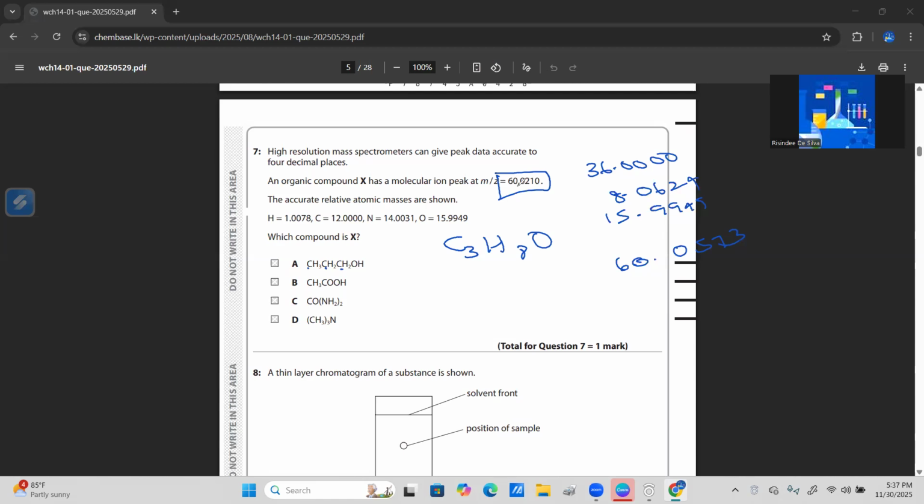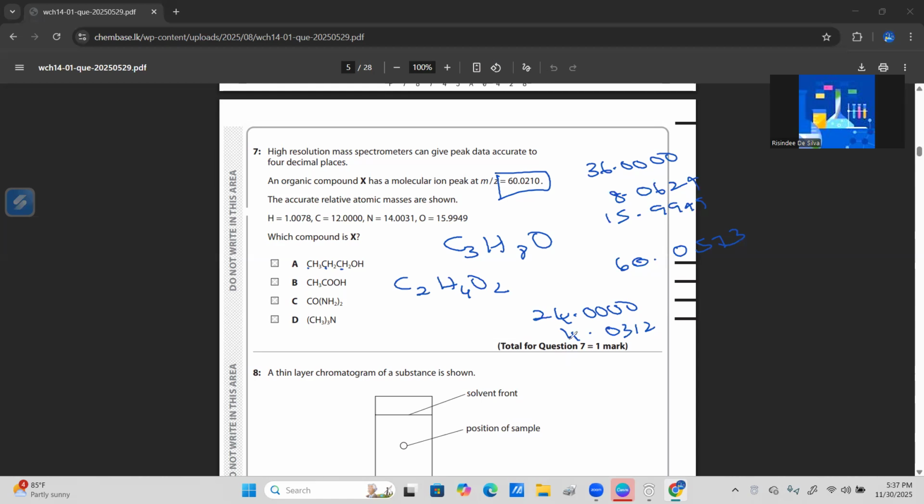not exactly 60.02. So if I take the second one, it's C2H4O2. C2 means we have 24, 1.0078 into 4, which is 4.0312.